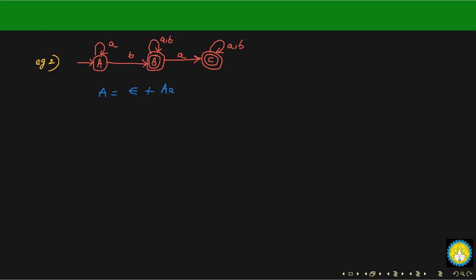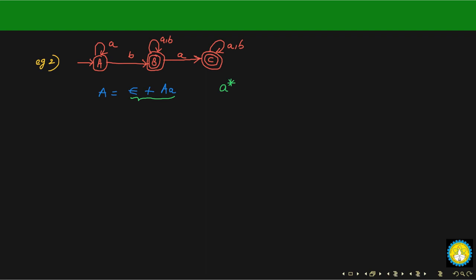From A, if you get A, you'll be reaching back to A. This regular expression is nothing but A star, because it can take either epsilon or AA. You can substitute for A again so that the definition becomes recursive, and verify that this is nothing but A star.